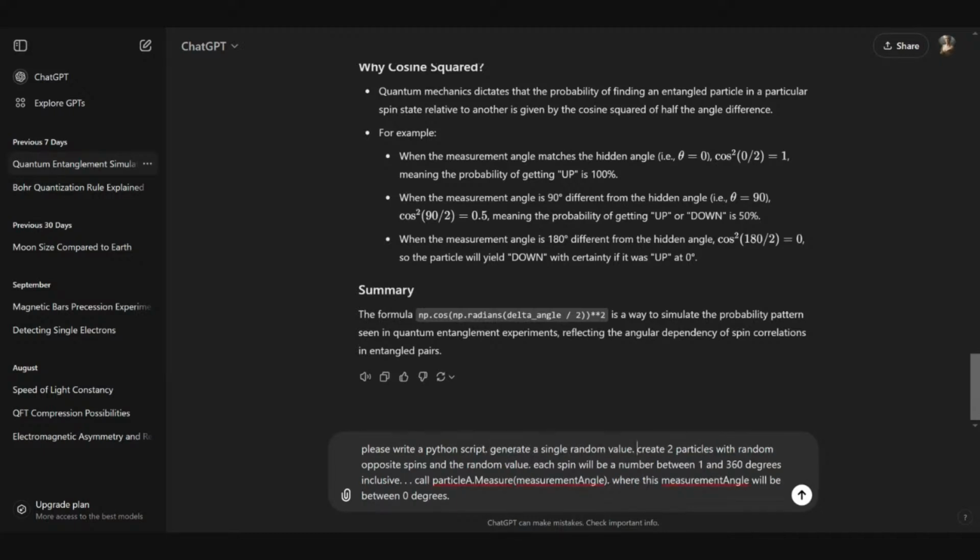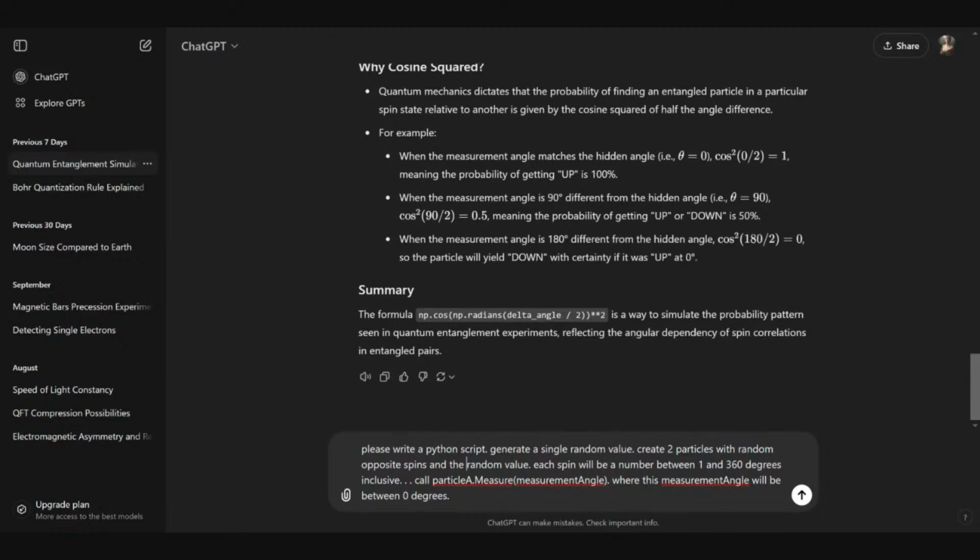Create two particles with random opposite spins, and wait, but the spin itself could be used to generate a random value.